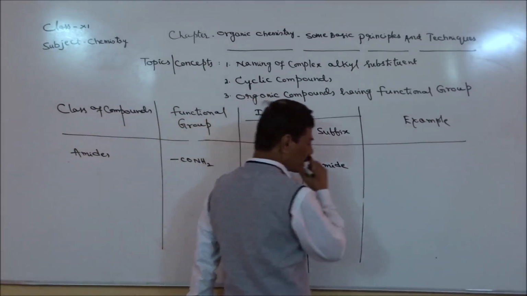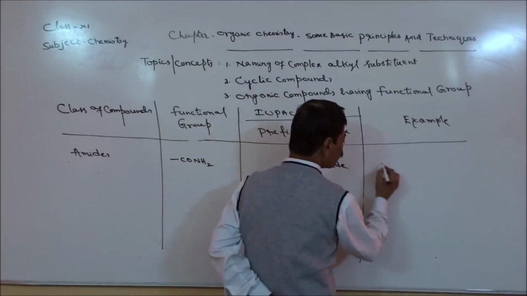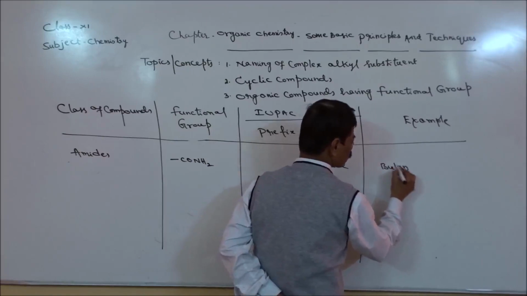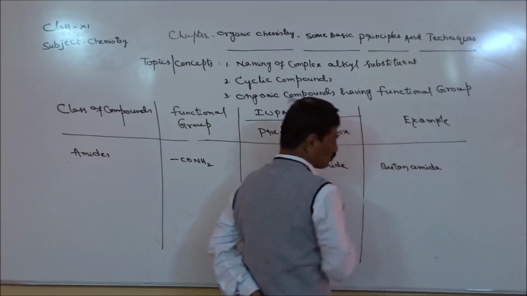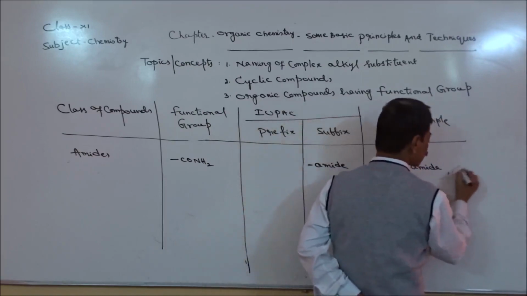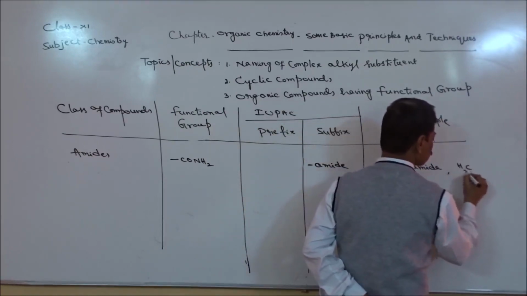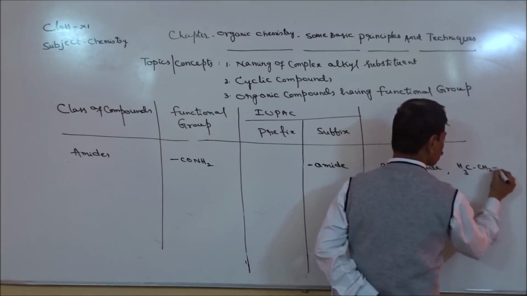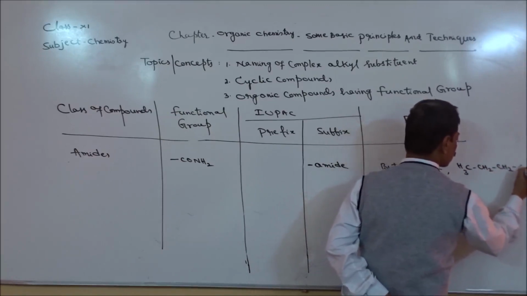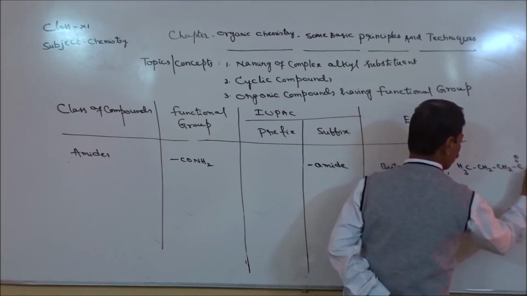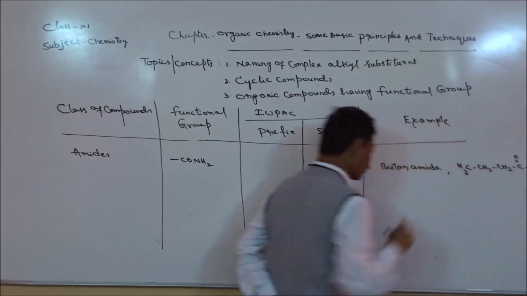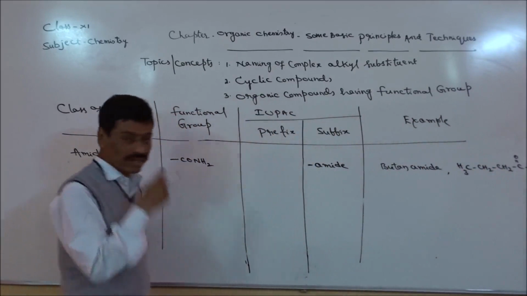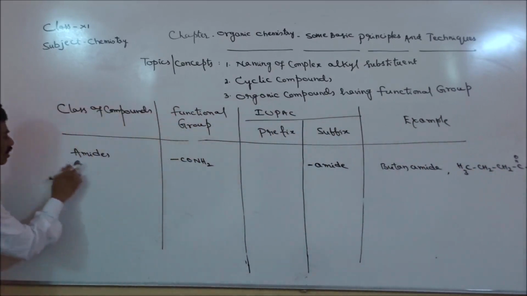And the best example for this is butanamide. Butanamide. So the structure is like this: CH3, CH2, CH2, CO, NH2. 1, 2, 3, 4. Butanamide or 1-butanamide.